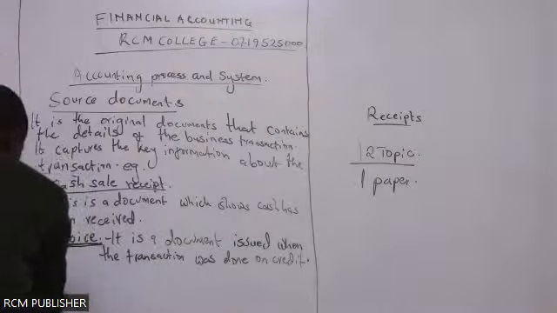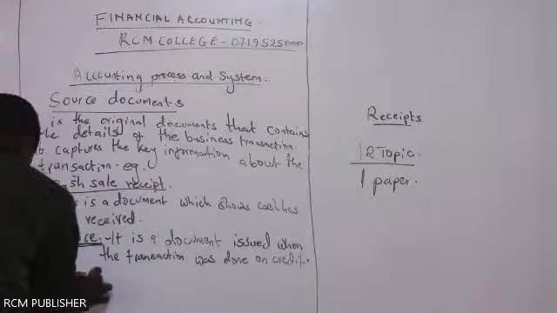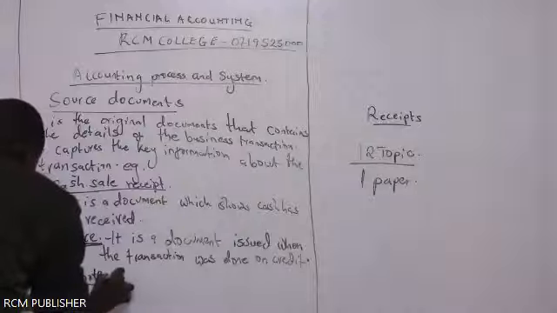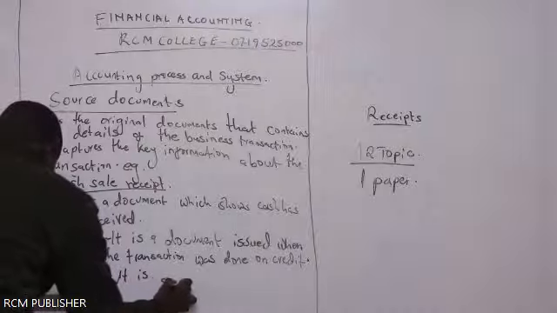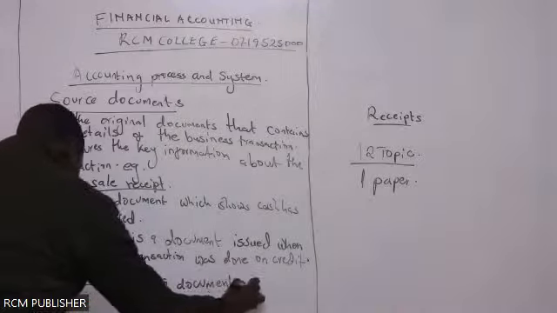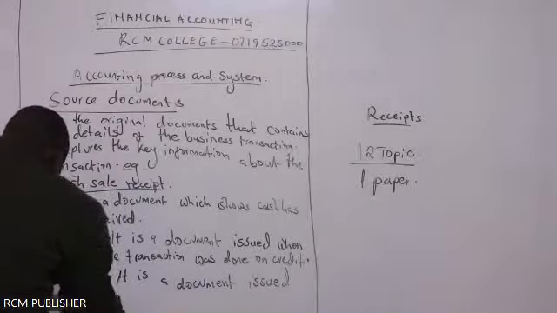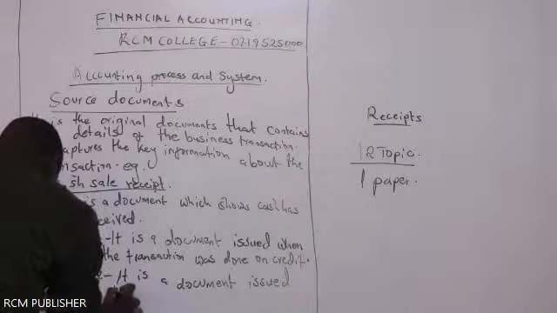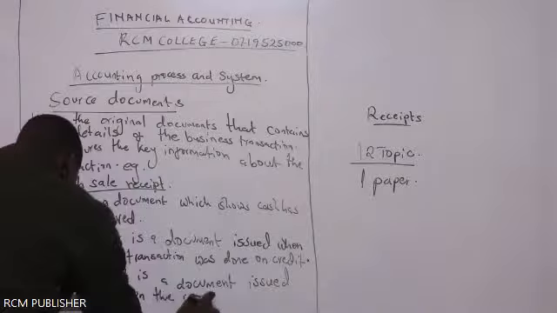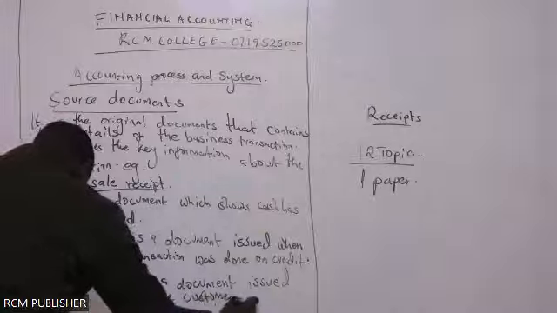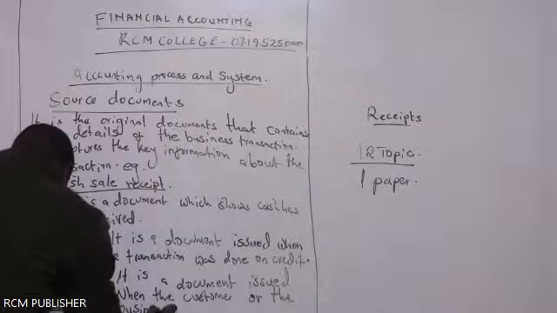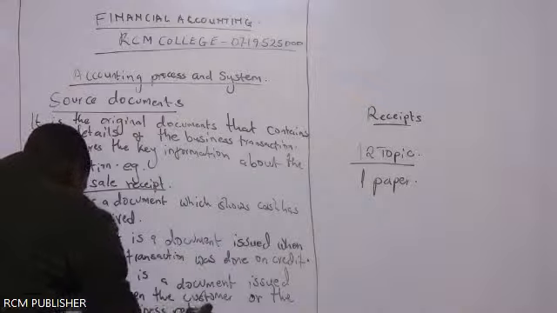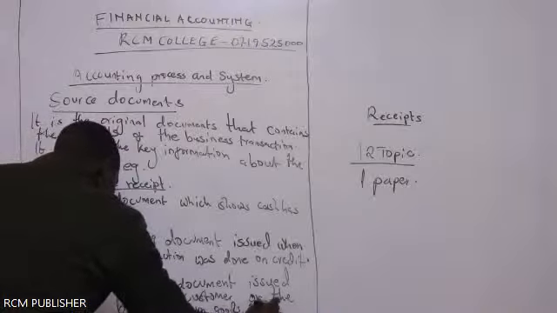Then we have the third one, the credit note. So for the credit note, you say it is a document issued when the customer or the business returns goods to the supplier.